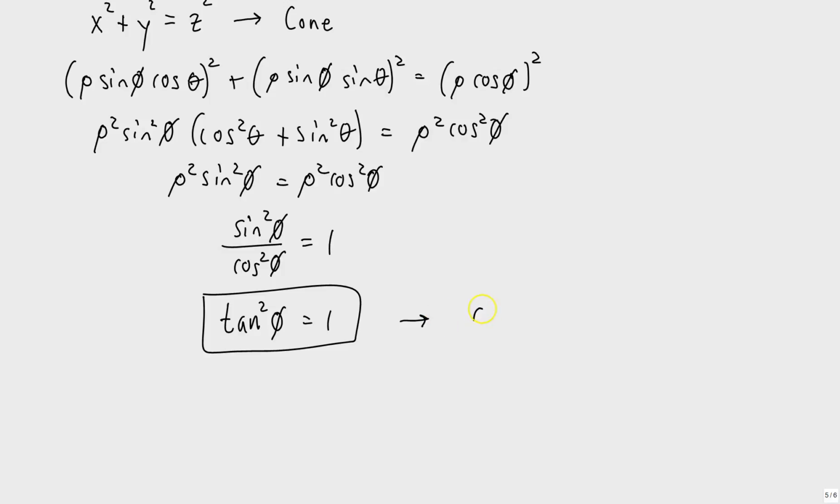Of course, this implies that phi is pi over 4 plus n pi, where n is an integer. So this would be an equation in spherical coordinates. We started with rectangular coordinates, so basically it was swapping x out for the expression involving rho, phi, and theta. Same thing for y and z.